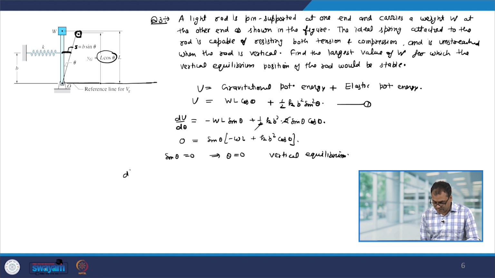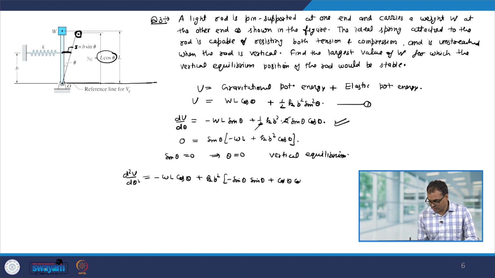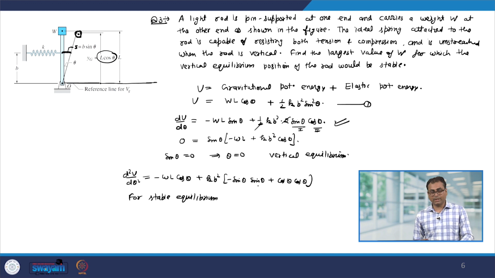Let us first calculate d²U over dθ². So, that will be from here it will be minus WL cos theta plus kb² (minus sin theta times sin theta plus cos theta into cos theta). So, let me take first function, second function to differentiate it. And we know that for a stable equilibrium, this d²U over dθ² has to be larger than 0.